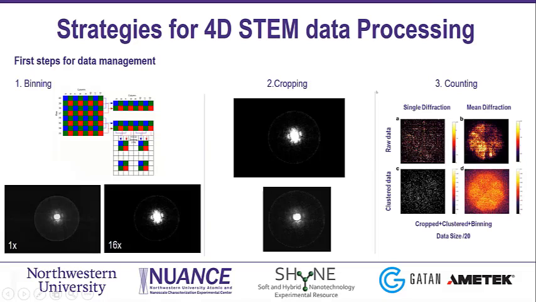The K3 IS already counts electrons, so you could convert your diffraction data into a vector of ones and zeros, where one is the index of the pixel in the diffraction pattern, showing that an electron actually hit that portion of the detector.